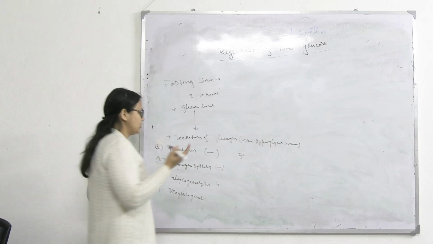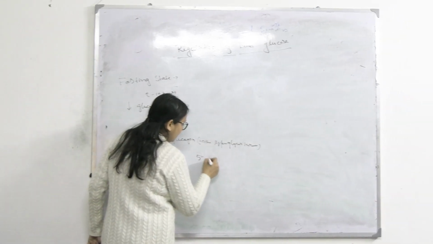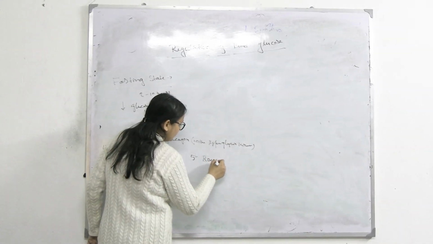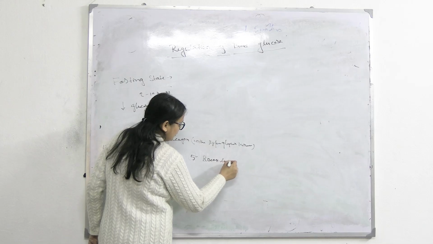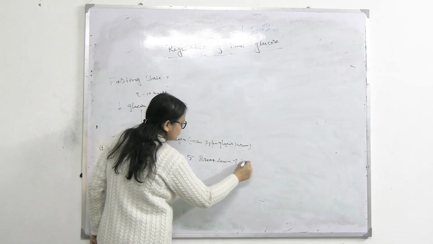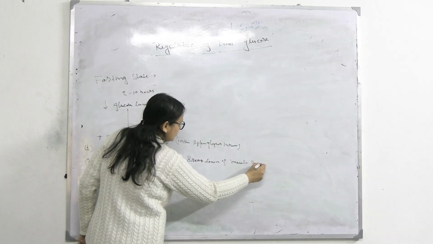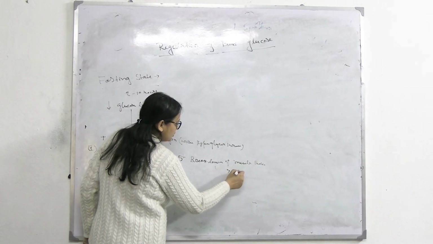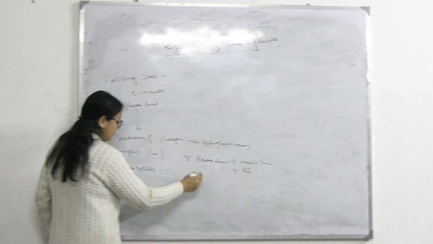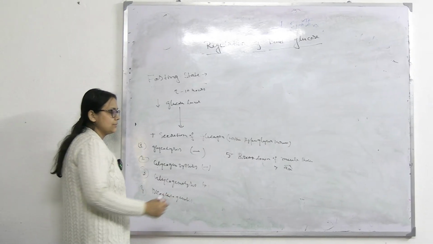Protein gives rise to amino acid. So there will be breakdown of muscle protein to give rise to amino acid, and this amino acid will take part in gluconeogenesis.